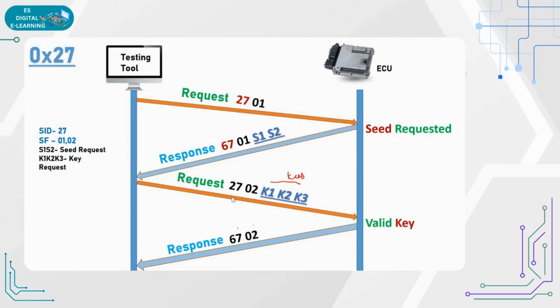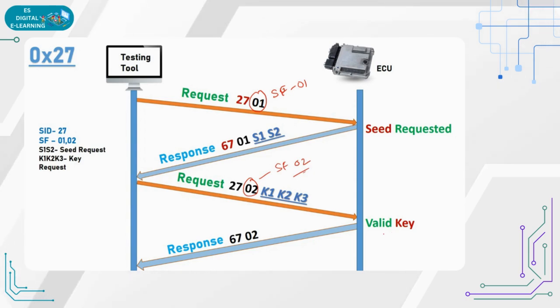Yes, sir. Okay. So that's how security access works. We'll discuss invalid requests next. So these are the two sub functions, and we need to use them at the same time. Sub function 01 we need to use, and sub function 02 also, to get the valid security to unlock the ECU.